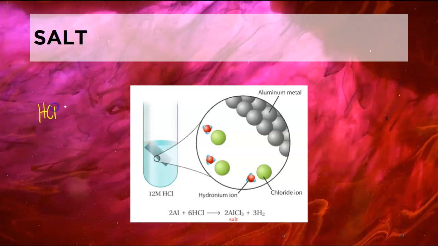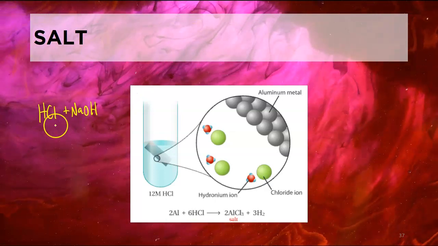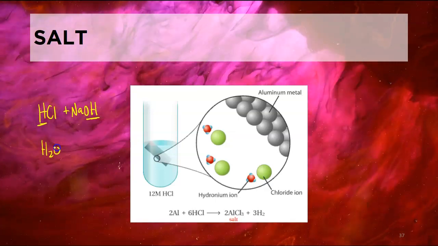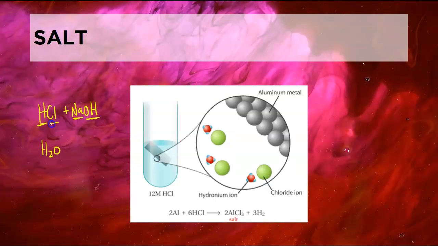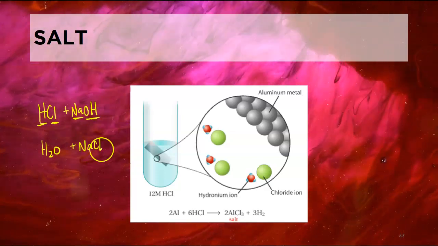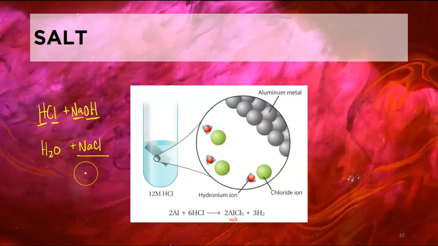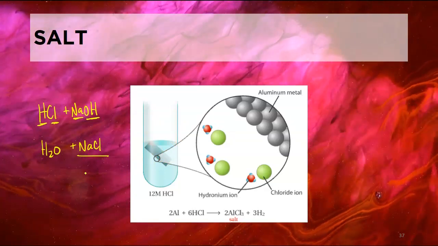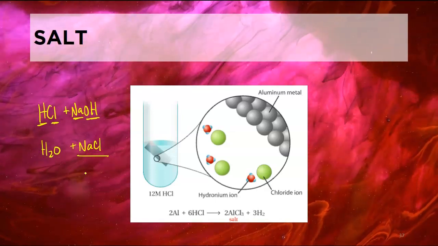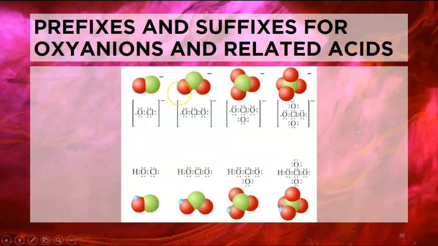When I take HCl and NaOH, what happens is the H and the OH recombine to become water, and the Na and the Cl recombine to become sodium chloride. So anytime I'm doing a neutralization reaction, the part that I get that precipitates into the solution is going to be called salt. That could be many different things. But we'll talk about that more in Chem 2.